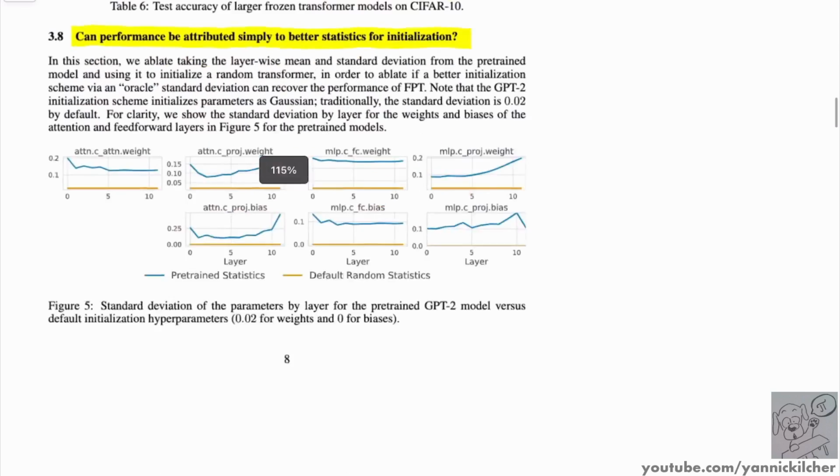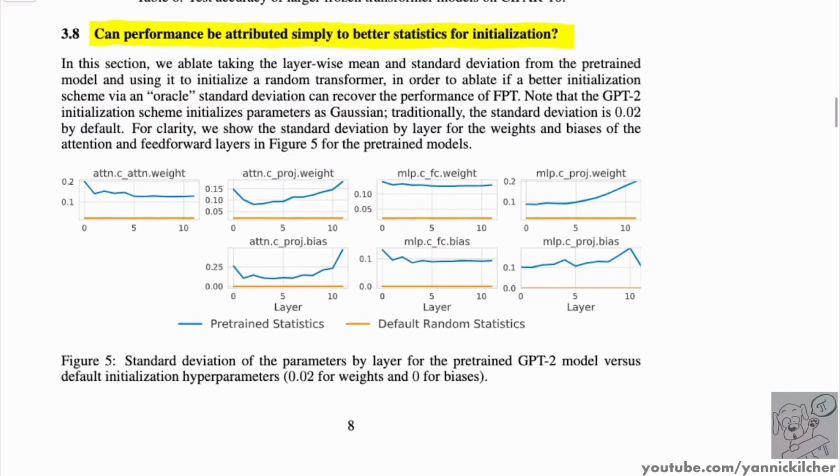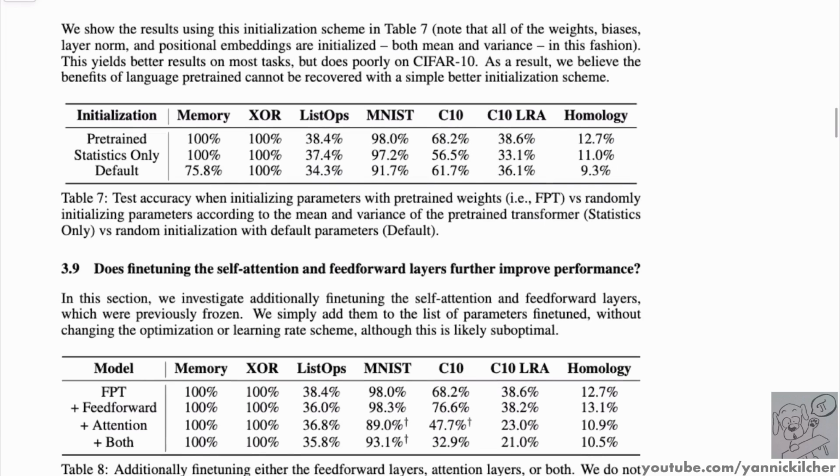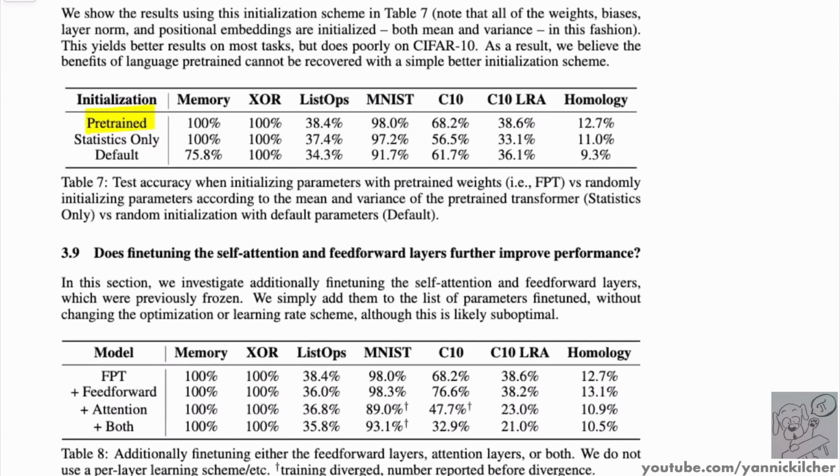So what they're going to do is simply take a fully trained transformer, which they call an oracle, and then compute the mean and the standard deviation, so the Gaussian from those, and then initialize this new transformer. They're going to take the pre-trained, which they have. They're going to do default, which is the randomly initialized one.